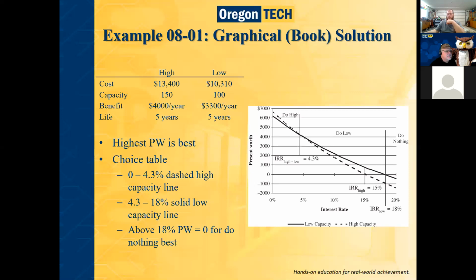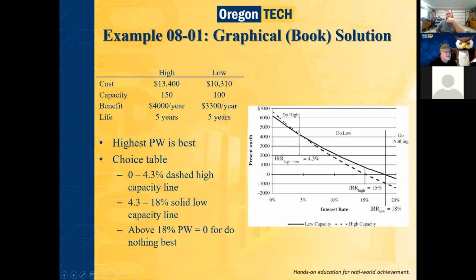And what they're doing is saying, okay, you've got low capacity as a solid line, and here's your rate of return. And they plot, for every interest rate, they calculate a net present value. I'll show you my tables on this in a minute. And so the solid line is less than the big dotted line, meaning low capacity has a lower present worth until you get to this 4.3%.